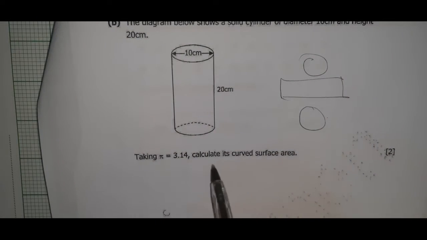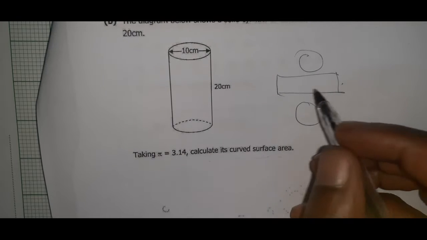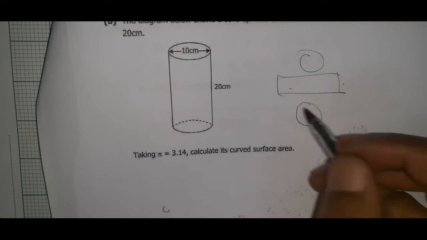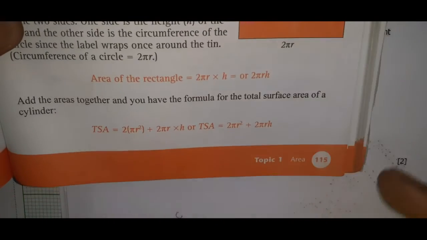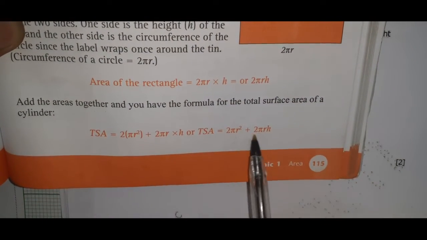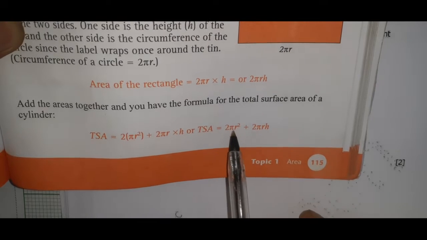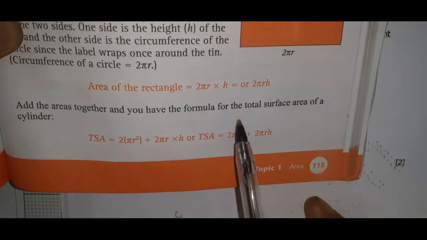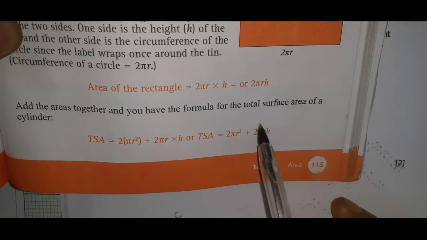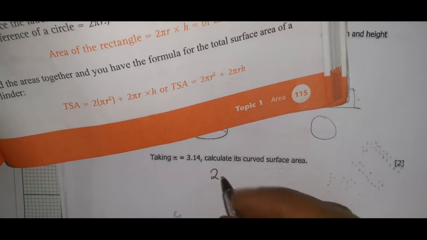So when we're talking about the curved surface area, we're looking at the area of this part here. Now, this is the total surface area of a cylinder. So you remove the part dealing with the two circles, the top and the bottom. So what you remain with here is what?